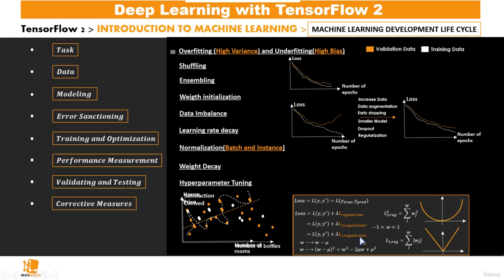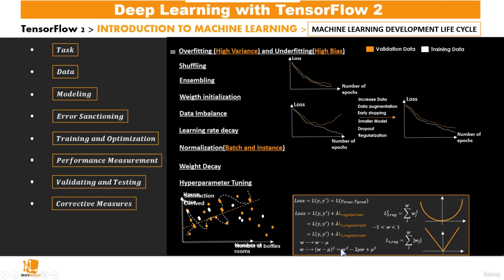But if our w is say 0.1, even if our mu is 0, we shall have 0.1 squared, which is 0.01, which automatically reduces the value of the regularizer loss without having to pick a value for mu in the order of 0.1.